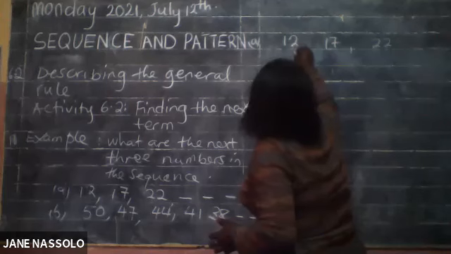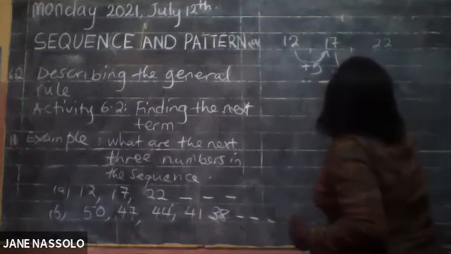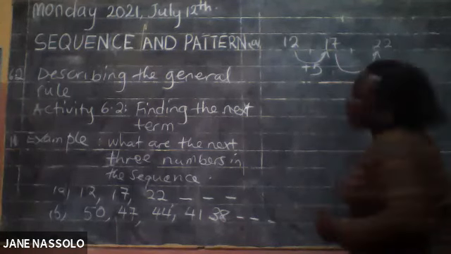We added 5. Is it true? Yes. Then from 17 to 22, what have we done? Also added 5.